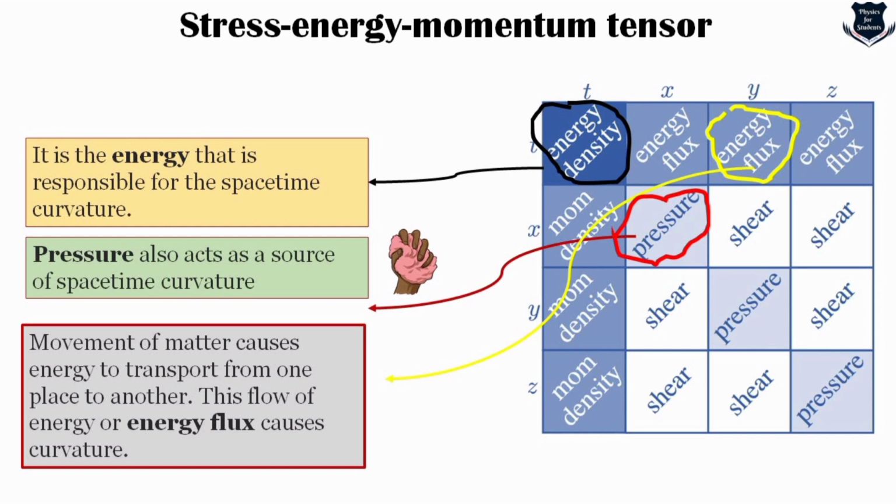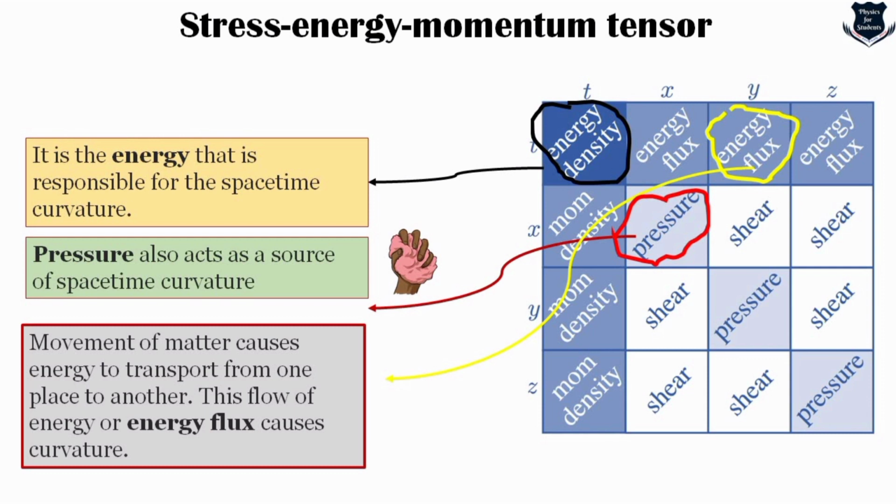Then we get the energy flux, right? A flux is a flow of something per unit time, per unit area. For example, if you're considering sunlight through a window, there is an energy flux, which is the amount of energy in the sunlight flowing through the window per second divided by the area of the window.